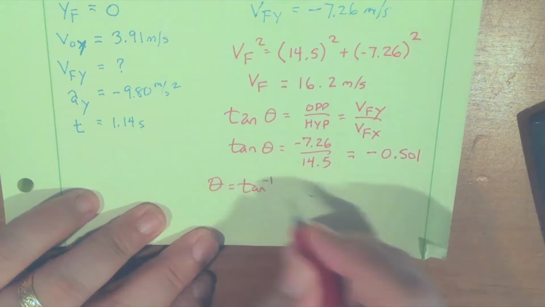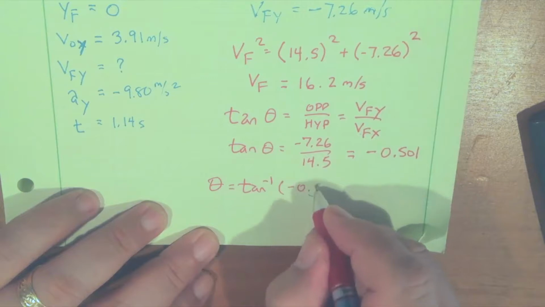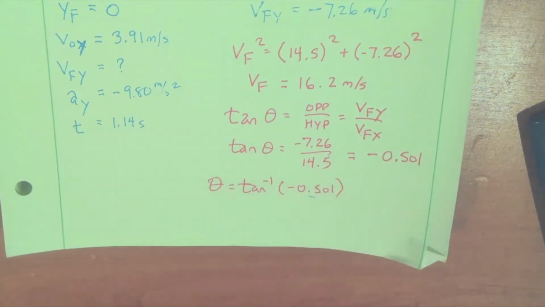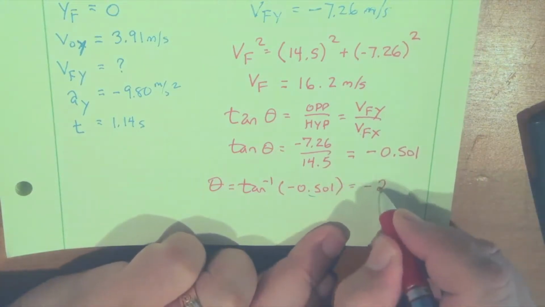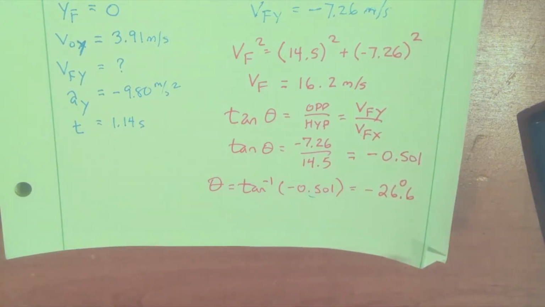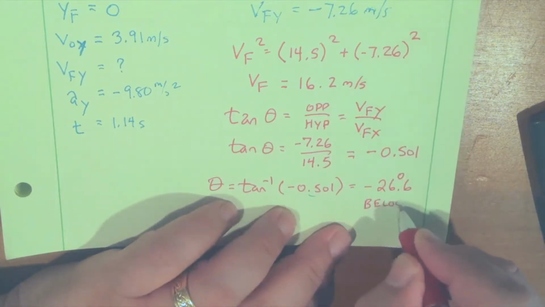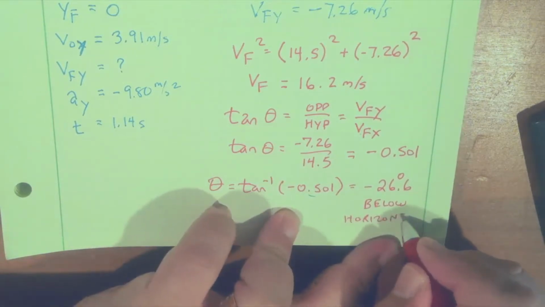So theta is the inverse tangent of negative 0.501, and that is going to be negative 26.6 degrees. And that negative sign simply means that this is an angle below the horizontal as we expected.